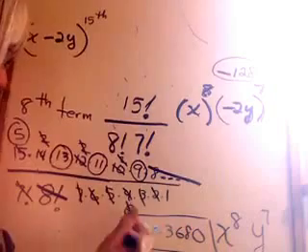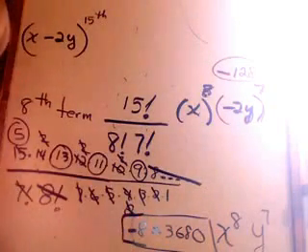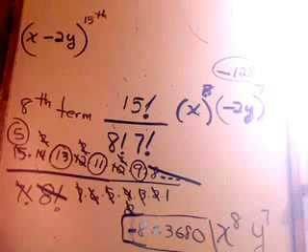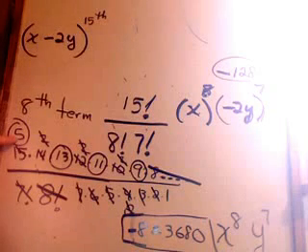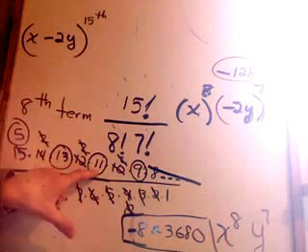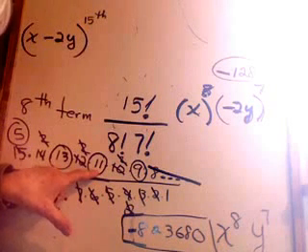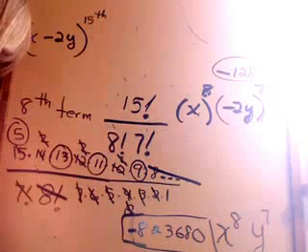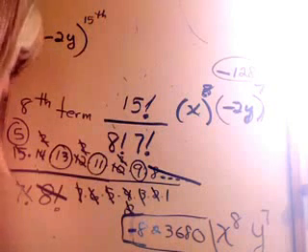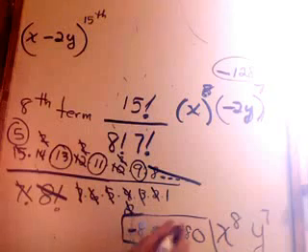Positive or negative? Negative. All right, we're going to double check that just to make sure. So always do these twice. 5 times 13 times 11 times 9 times negative 128, 823,680. So we got it.